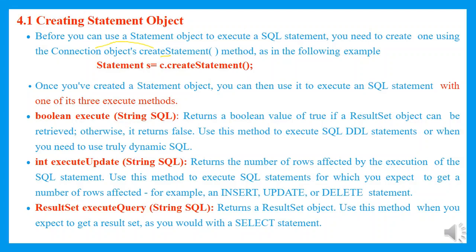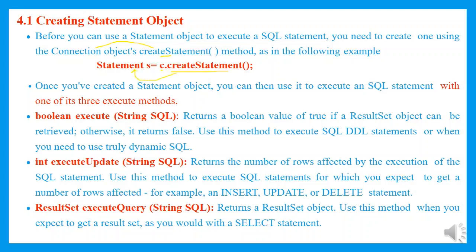The return value of the createStatement method will be assigned to the Statement interface. Let us see an example here. To create the statement, we use the createStatement method, which belongs to the Connection interface. So with the help of the Connection interface object, we invoke the createStatement method, and the return value of this method will be assigned to the Statement interface.